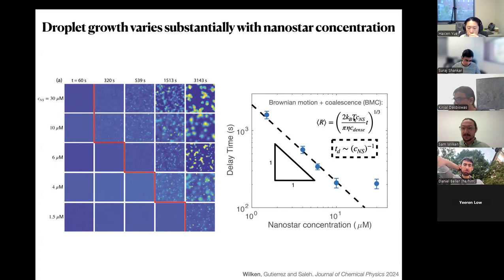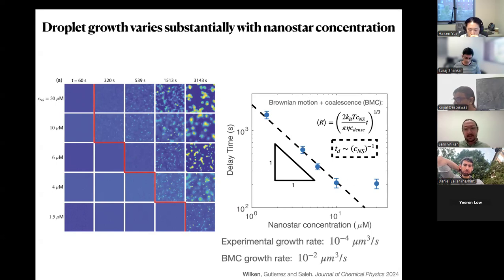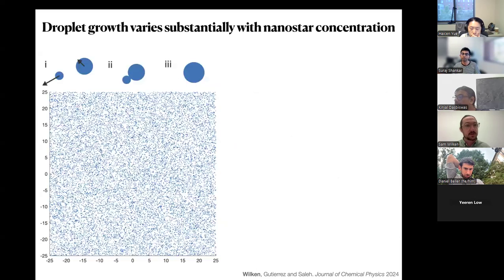We see a nice agreement with the scaling, but if you look at the prefactor here, the experimental growth rate is 2 orders of magnitude slower than what we would expect from the theory. And so essentially what we do is we turn to simulation to try to model what's going on here.